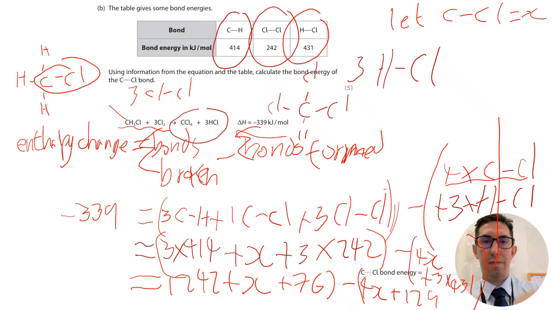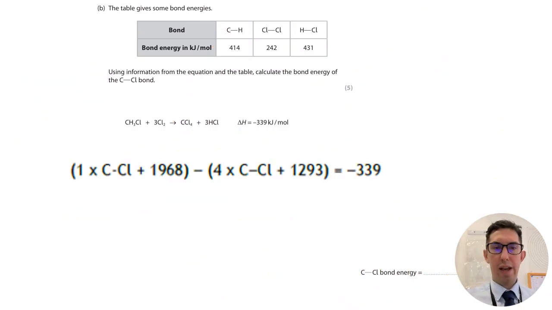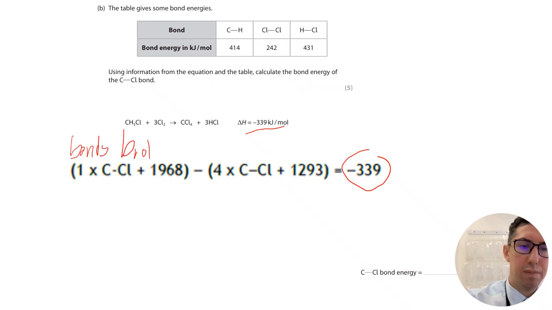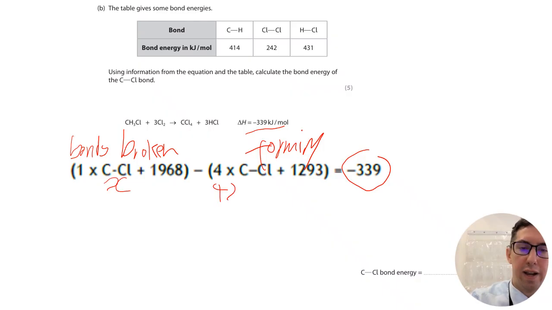Okay, so adding all this stuff up, we're left with this. So we've got our minus 339, and then this is our bonds broken, and this is the ones which are forming. Because we're minusing, this x from 4x gives us minus 3x.